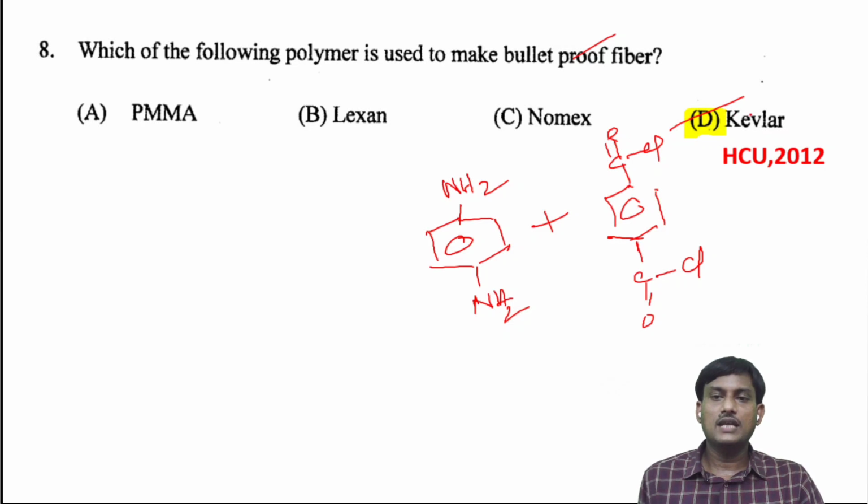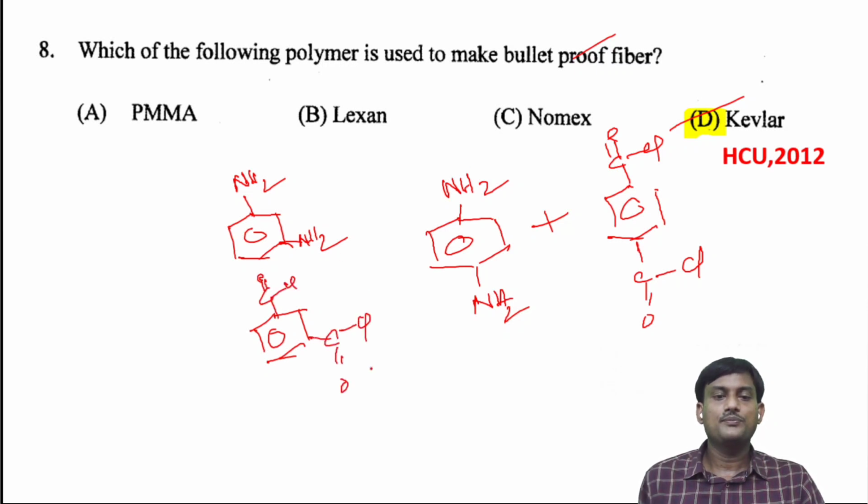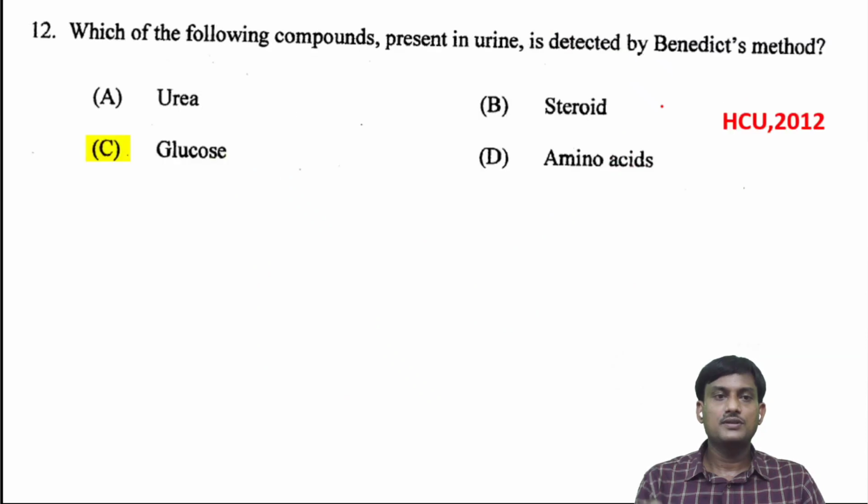In this we use para diamino, and in Nomex we have meta. Here NH2, NH2, and also we use COCl. These are the monomers of Nomex. So what is the correct option? In bulletproof fiber we use Kevlar.